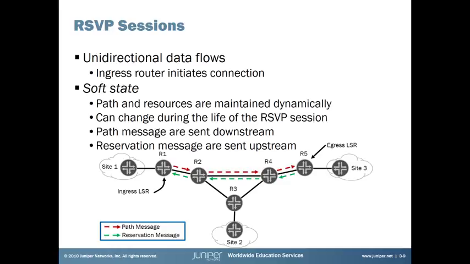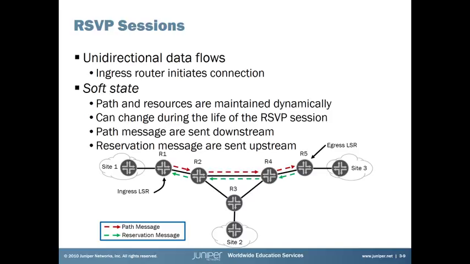So the RSVP sessions use unidirectional data flows. So go in one direction. The ingress router initiates the connection. That's a very important point, that the RSVP configuration for a label switch path is always done on the ingress router for that label switch path.